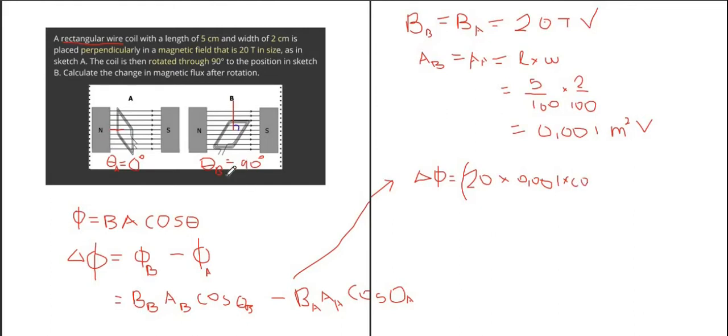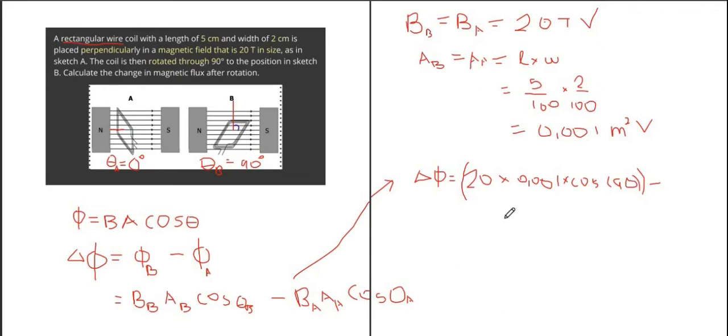So we said at B the angle is 90, so cos of 90 degrees, right?